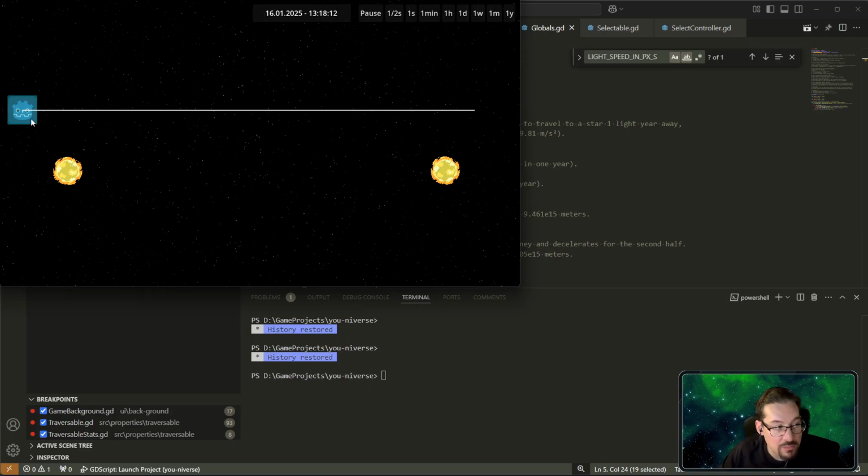For example, sending my ship to another distant star, 1 light year away, and this ship is only capable of accelerating with 1g, 9.81 meters per second squared, it would reach the other end in about 6.2 years, so 6.1 years until the deceleration point, and then it slows down.